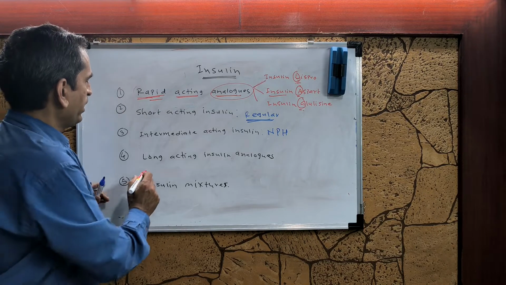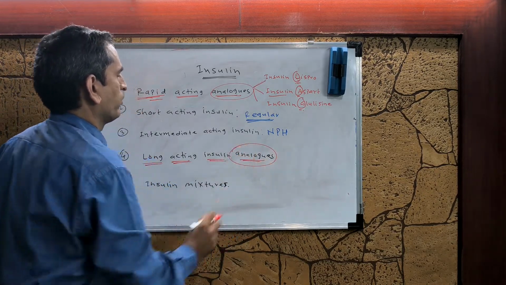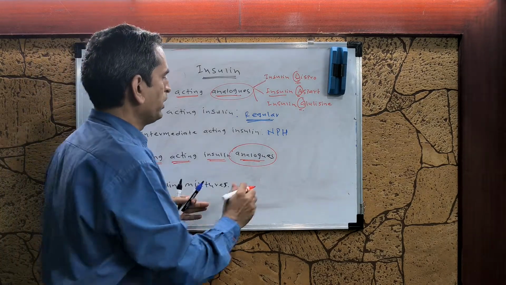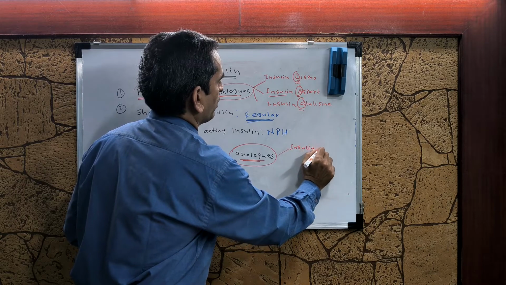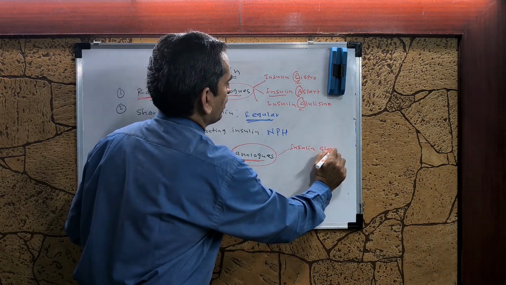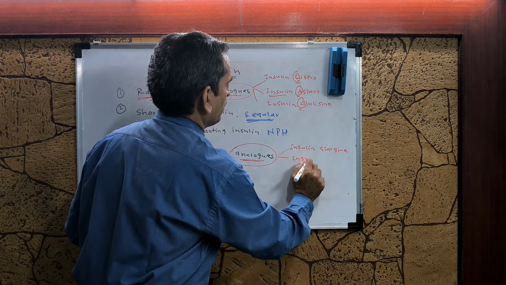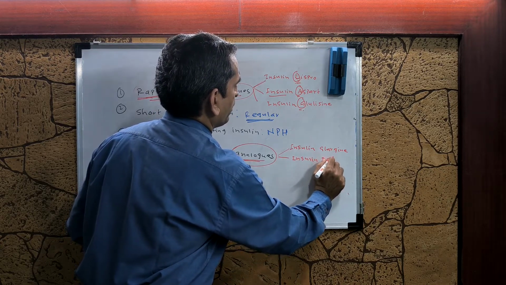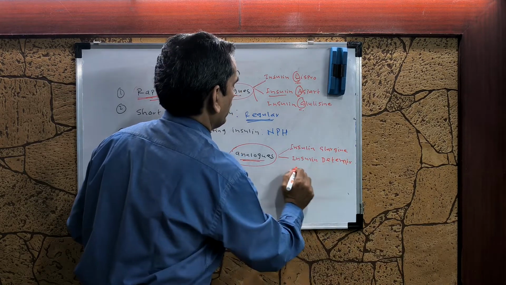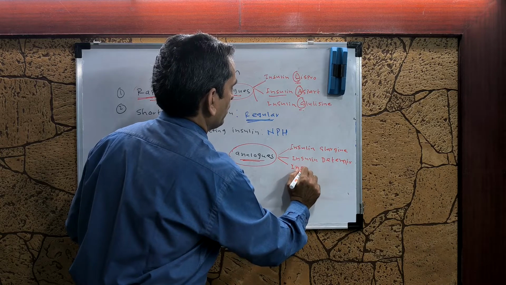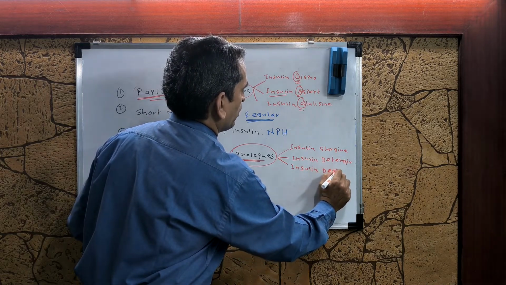The next category is long acting insulin analogs. The examples are insulin glargine, insulin detemir, and insulin degludec.